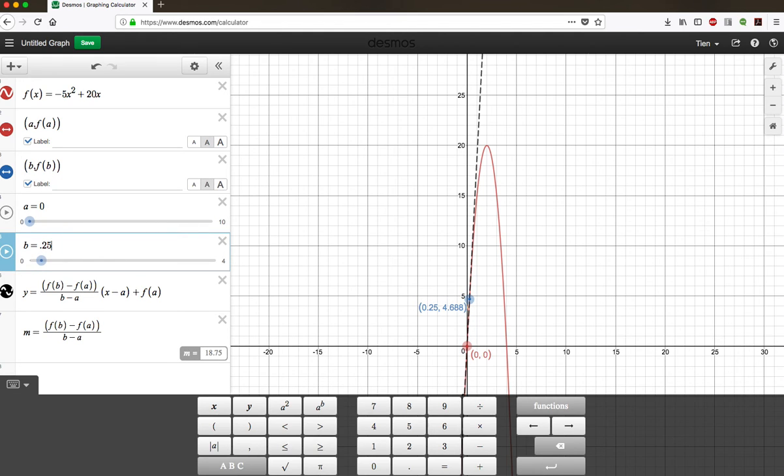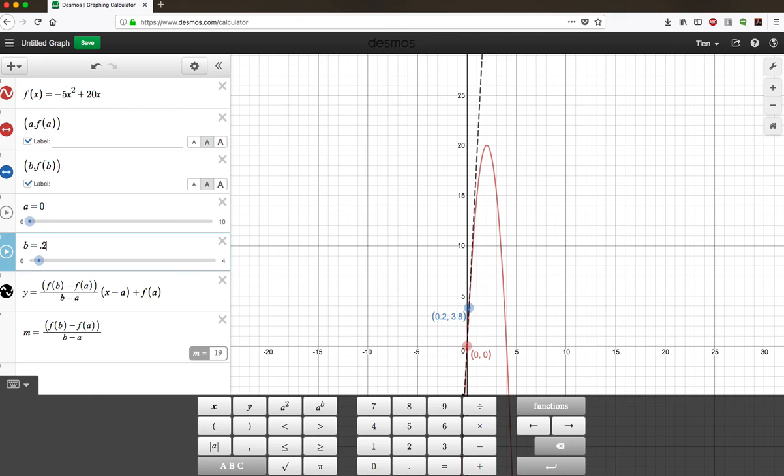At 0.25, a quarter of a second, I went up 4.688 meters, which gives me an average rate of change of 18.75 meters per second. We went from 5 to 10 to 15 to 18 something, but these changes are getting smaller and smaller.